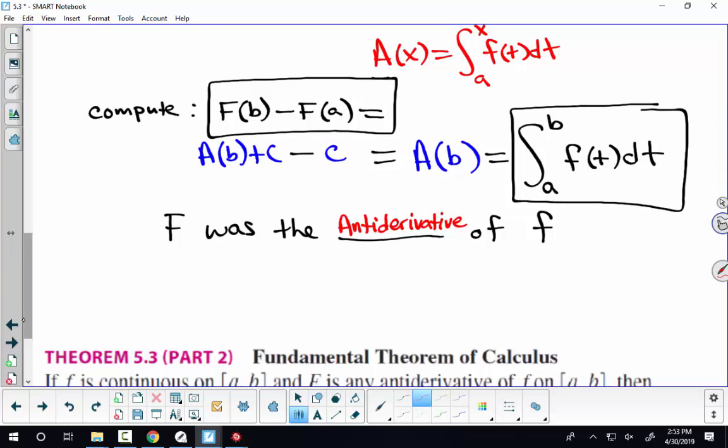So we'll say this in words. What we're looking at is, how do we evaluate the integral from a to b of some function? We evaluate the antiderivative at b, and then subtract off its antiderivative evaluated at a.